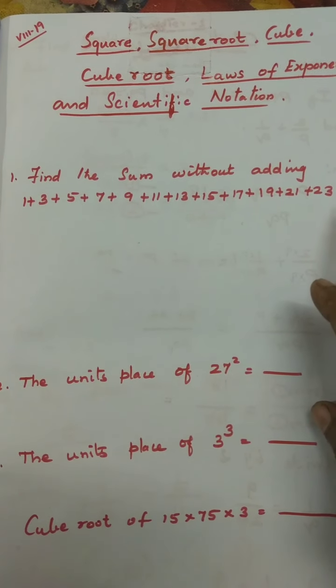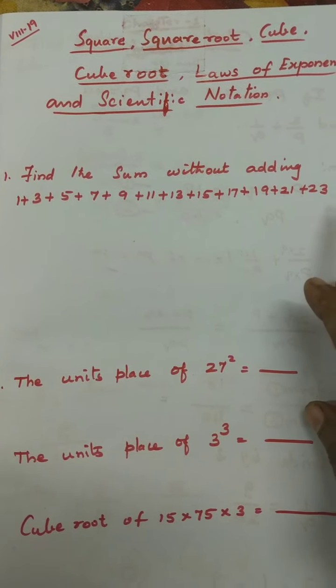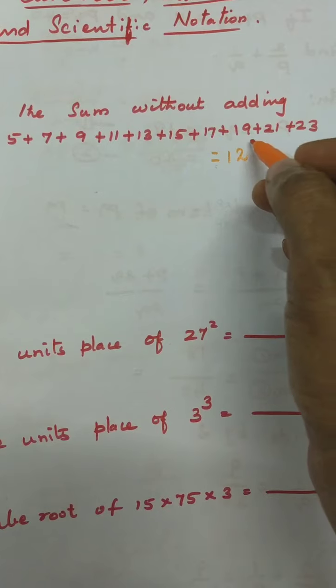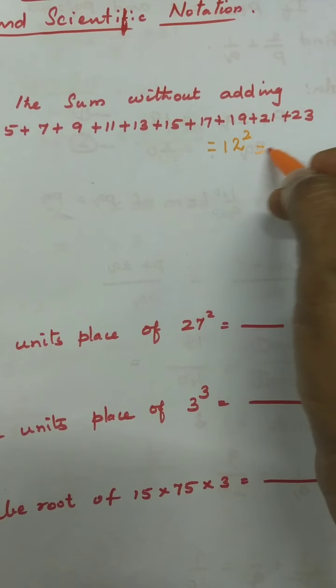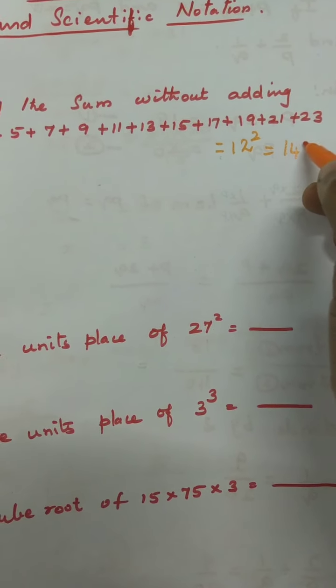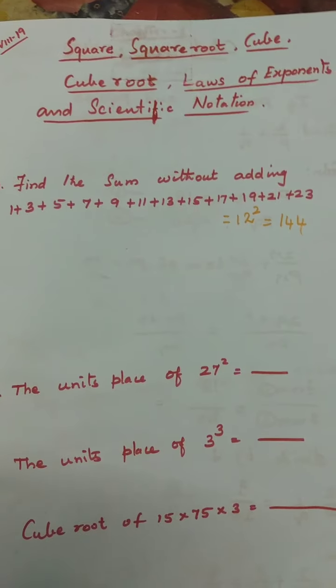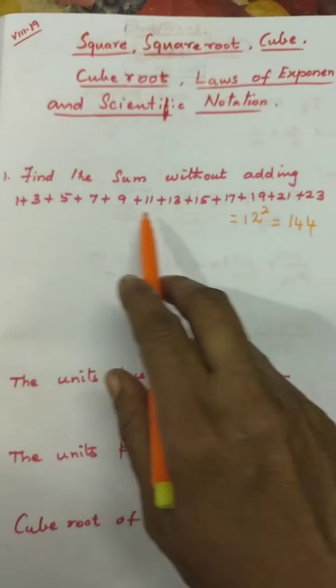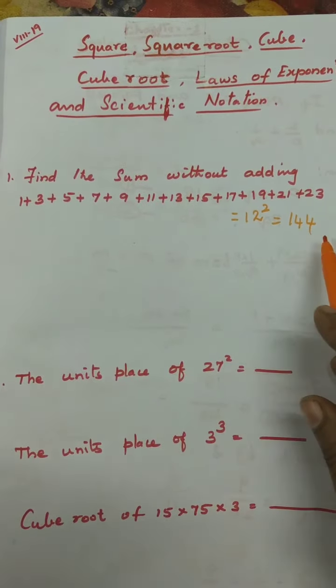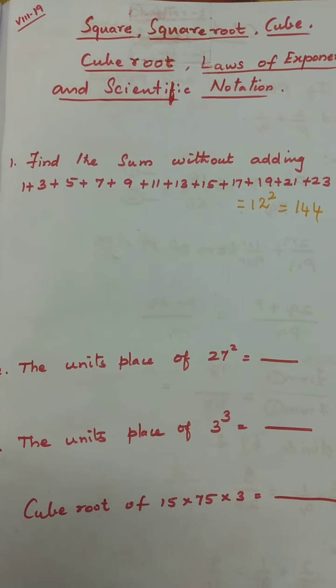Consecutive odd numbers. Okay. So, if we add all these, it will come as 12 square is equal to 144. Without adding, you have to see. If you want to add, you add and see.